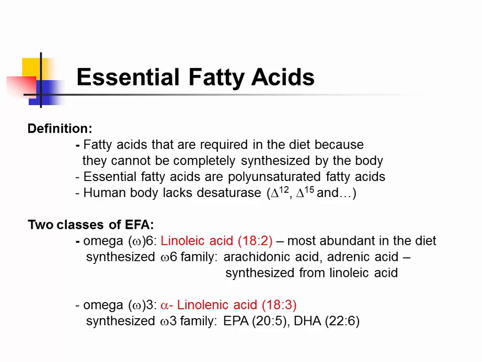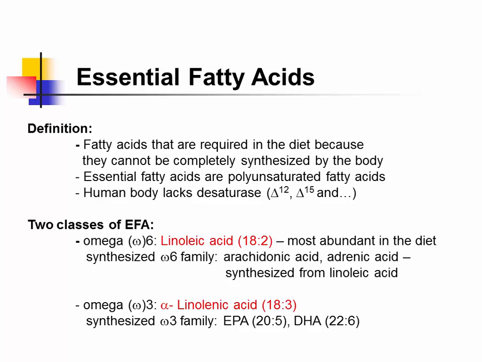So we cannot make some specific double bonds that make specific polyunsaturated fatty acids. Is that clear about the definition? These are fatty acids that we cannot make in our body because we lack the desaturases, particularly desaturase 12 and desaturase 15. And there are two classes of essential fatty acids, omega-3 and omega-6.